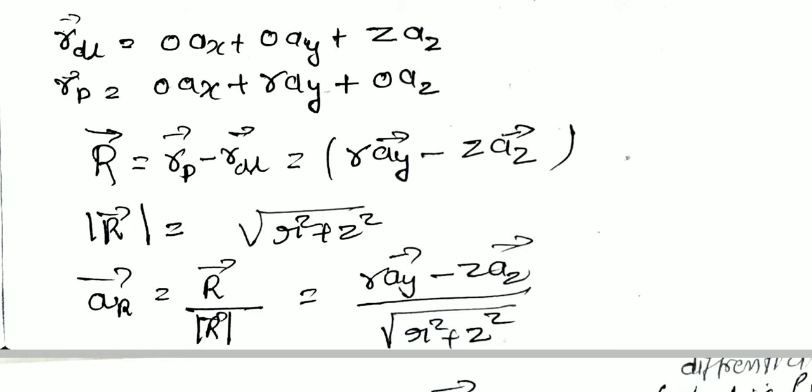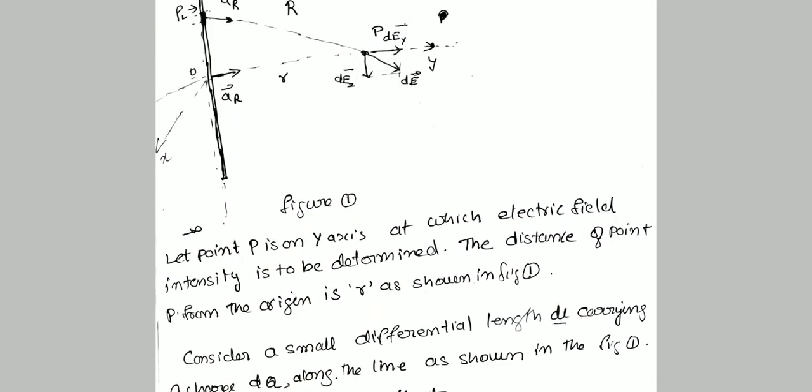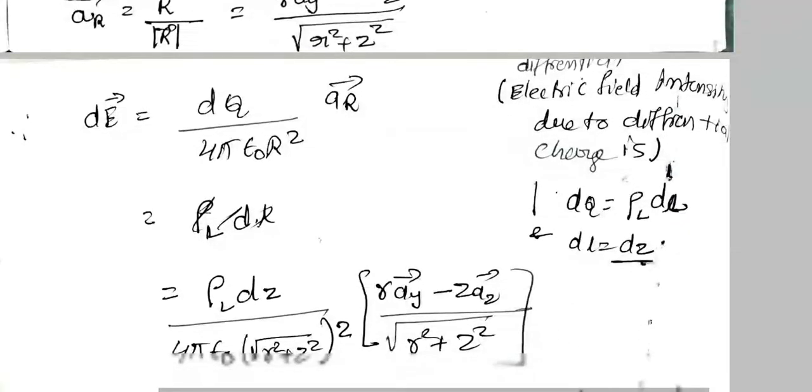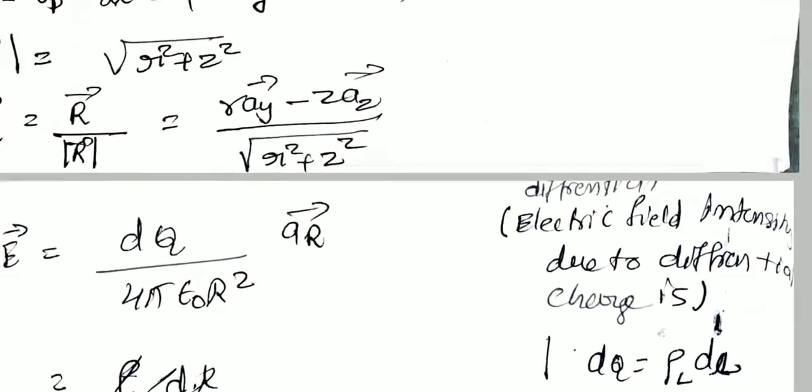This is the distance vector, and the magnitude of the distance vector can be written as square root of r square plus z square. Next, the unit vector in the direction of R, that is aR, can be written as R divided by magnitude of R, that is r ay minus z az divided by square root of r square plus z square.